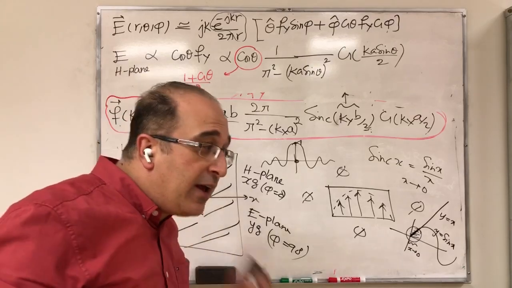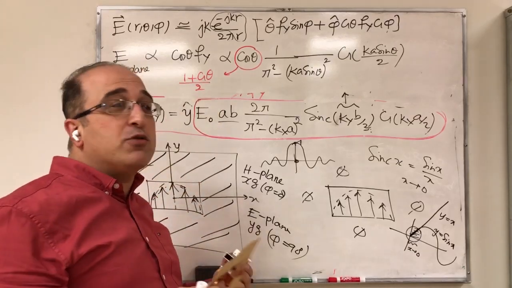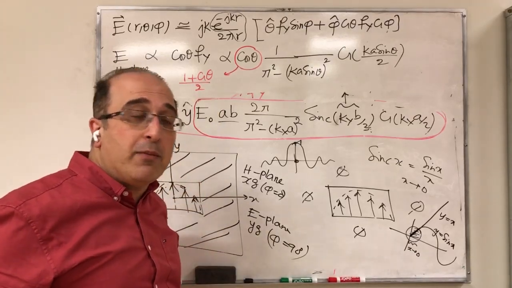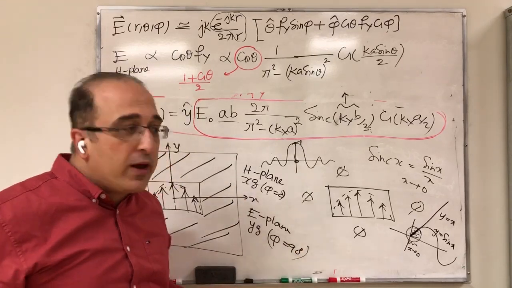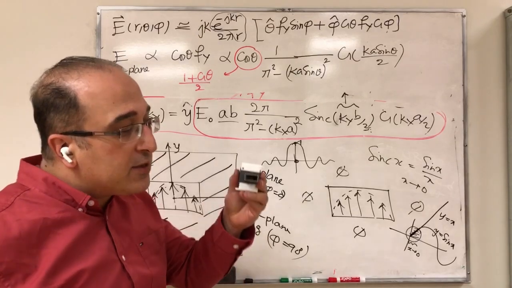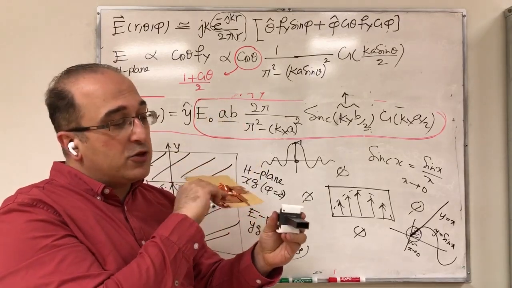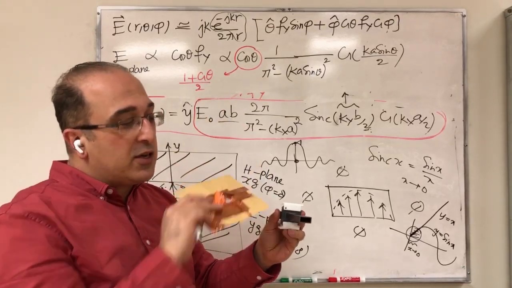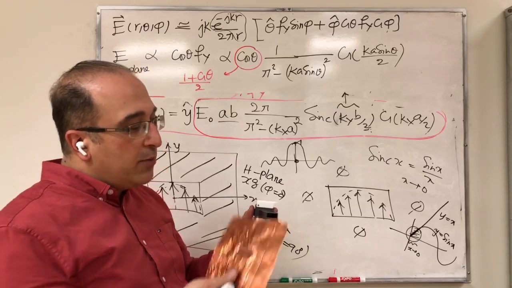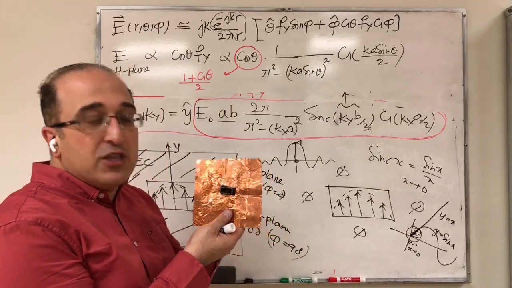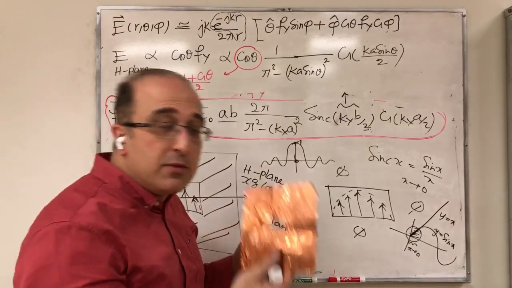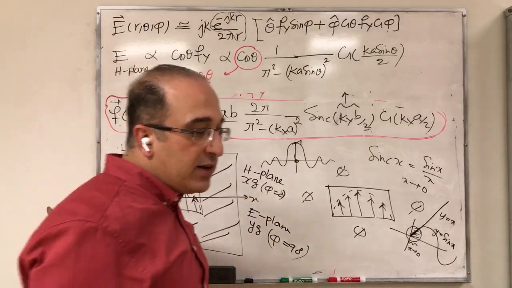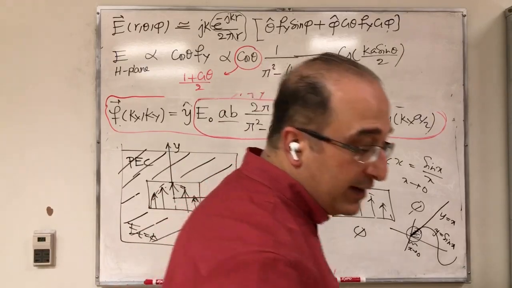And the error is less closer to the main beam, but as you diverge from the main beam, the error would be more. And also remember, this always has back radiation. But if you have a PEC plane which is infinite in size, of course it's just going to be in the forward hemisphere, and in the backward hemisphere you will have no radiation.